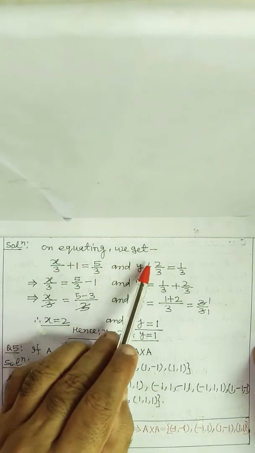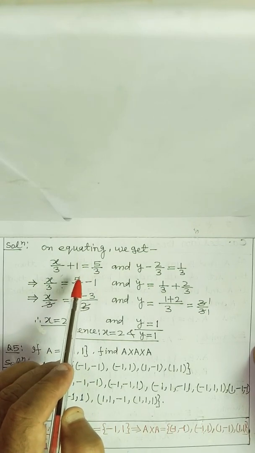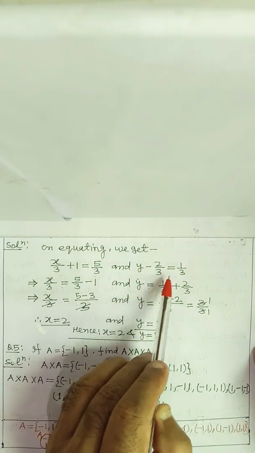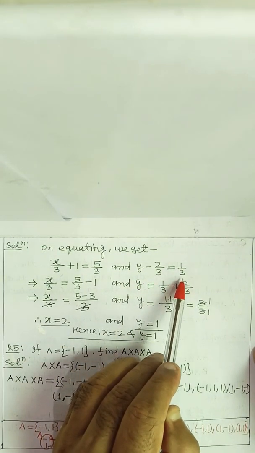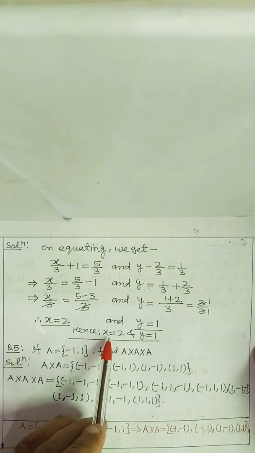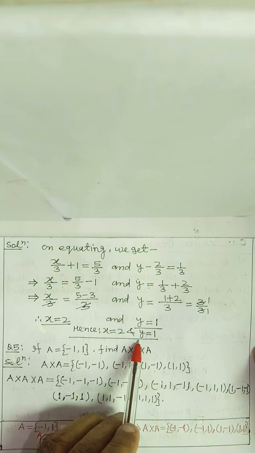On equating we get x/3 + 1 equal to 5/3, means we equate corresponding elements, and y - 2/3 equal to 1/3, and we solve, we get x is equal to 2 and y is equal to 1. Hence x is equal to 2 and y is equal to 1 is the required answer.